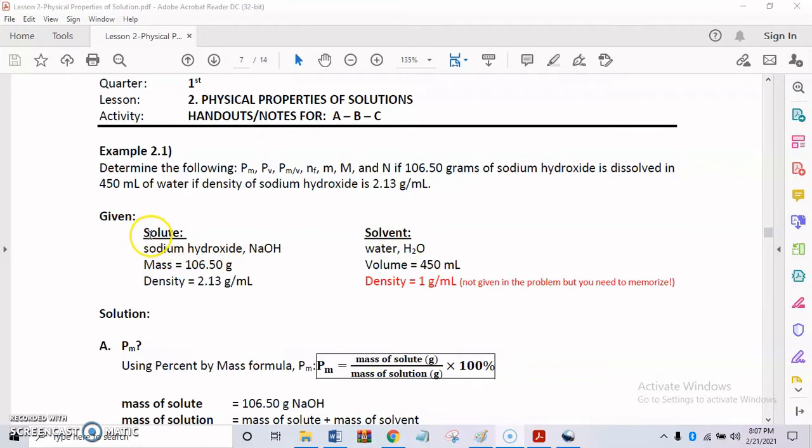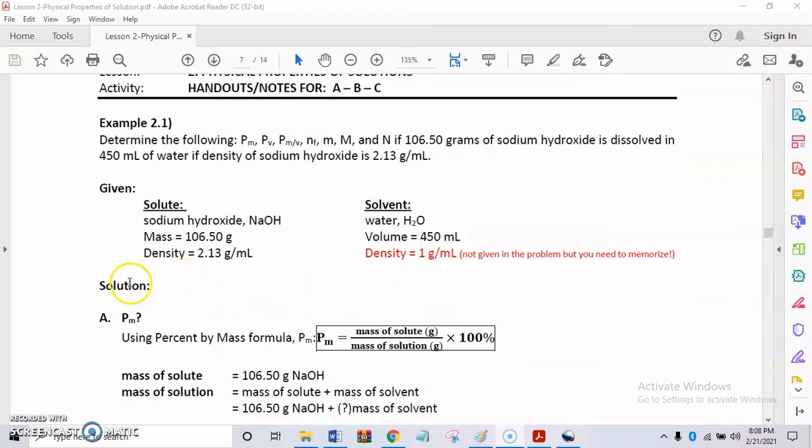So the solute here is the sodium hydroxide with chemical formula NaOH. And the solvent, we have water. Given for the solute is the mass of 106.50 grams and also the density of 2.13 grams per ml. Given for the solvent is 450 ml of water. Since the density of water is not given in the problem, let us all memorize that the density of water at normal temperature is 1 gram per ml.